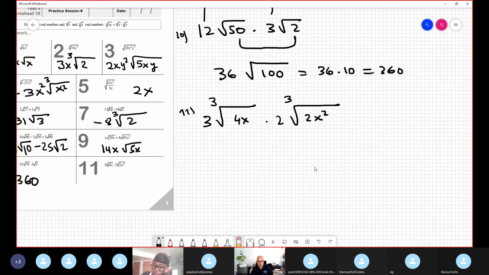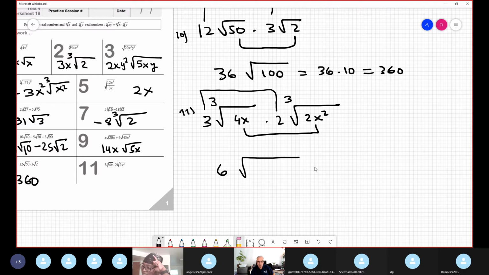You multiply the numbers outside, because the number outside and the number inside the radical are different categories and we cannot mix them. Illegal, violation. You multiply 3 times 2, 6. Cubic root of what? Of 4 times 2 is 8, x cubed, because x times x squared is x cubed. This is easy because I know the cubic root of 8 is 2.